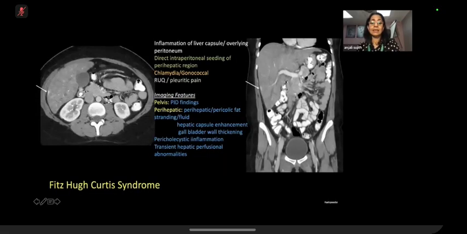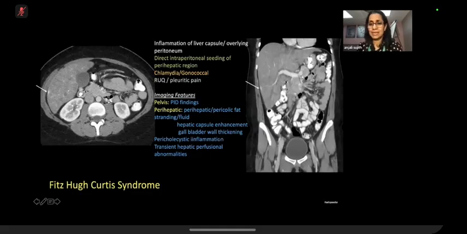So it is nothing but ascending infection and direct intraperitoneal seeding in the perihepatic regions. It's also called perihepatitis. So there will be subtle or more prominent adjacent fat stranding and fluid in the perihepatic region or in the pelvis.